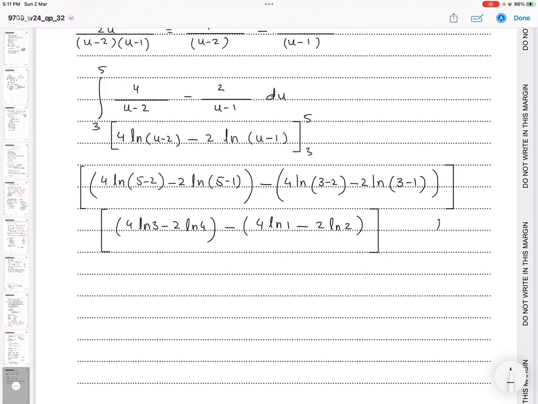Okay, ln 1 is 0, so this part would be 0. 4 ln 3 minus 2 ln 2 square, minus 0 minus 2 ln 2.